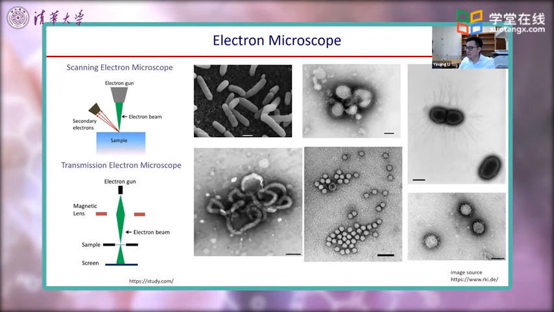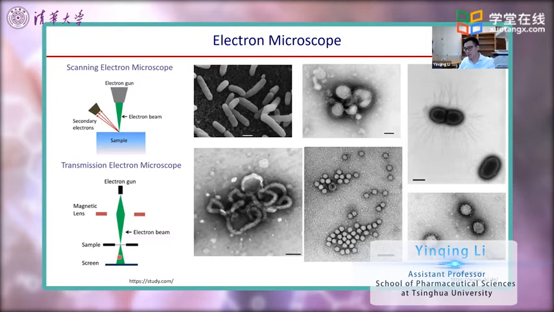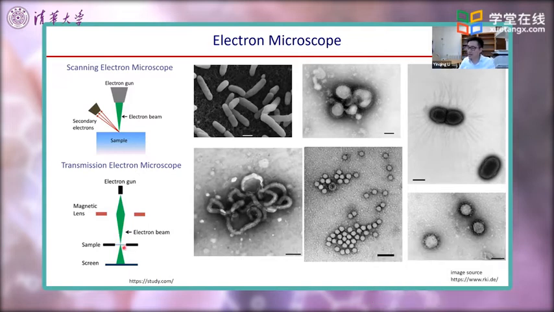Typically, a biological sample neither reflects nor blocks the electrons. And so we have to fix the biological sample in a particular way and stain it with heavy metal, which then gives the contrast we need for electron microscope imaging. In fact, many of the pathogens were first identified under the electron microscope.